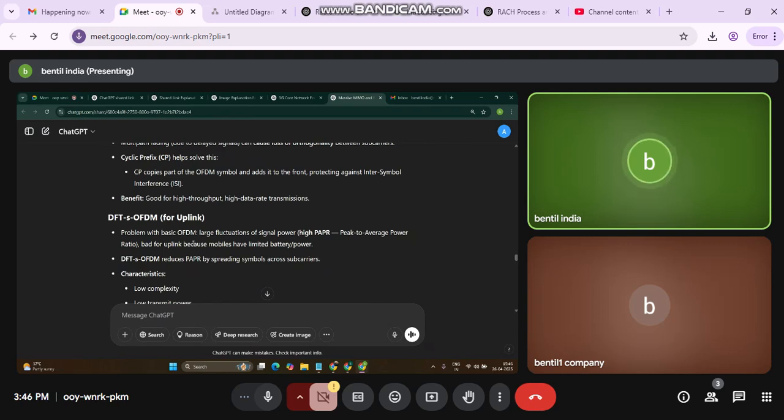We can't afford this in uplink, because uplink is the transmission from user equipment to base station. The UE can't pump that much power, can't afford that many linear power amplifiers, and can't afford high dynamic range ADCs, because the UE is a small, battery-limited device. So OFDM can't be used in uplink.